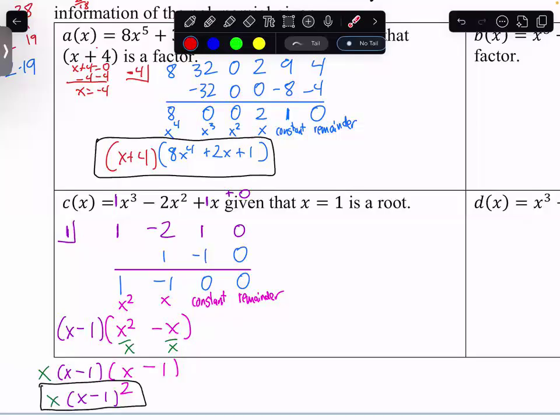Okay, sure, yes. However, remember how over here, this answer is only part of the factor form.